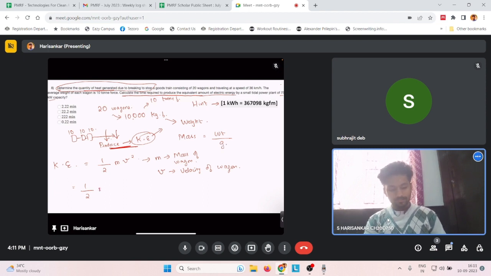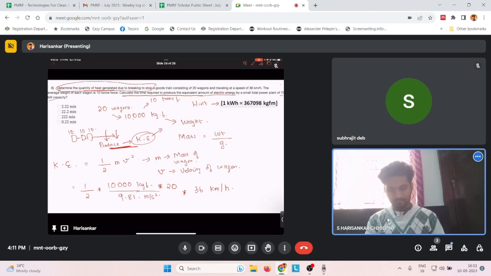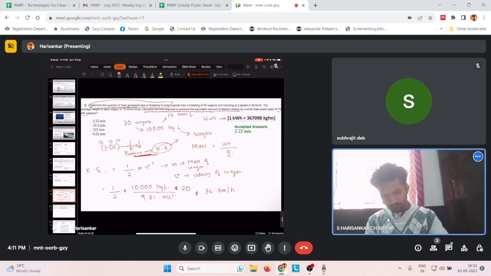Mass will be weight by gravitational force, right? So half into 10,000 kilogram force divided by 9.81 meter per second square. So this is m. So this is for one wagon. So how many wagons are there in total? 20. So this into 20. So this is m, and v square is 36 kilometer per hour.